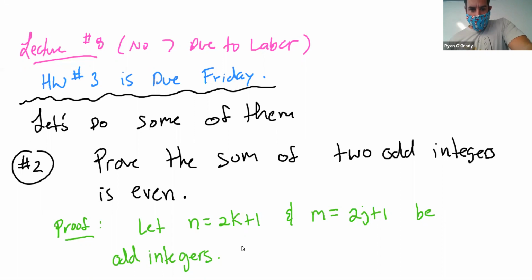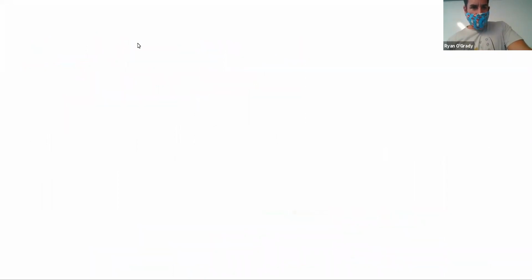So now we add. What is their sum? Their sum is n plus m, which is equal to what? If we go to the next page, this is going to be 2k plus 1 plus 2j plus 1.